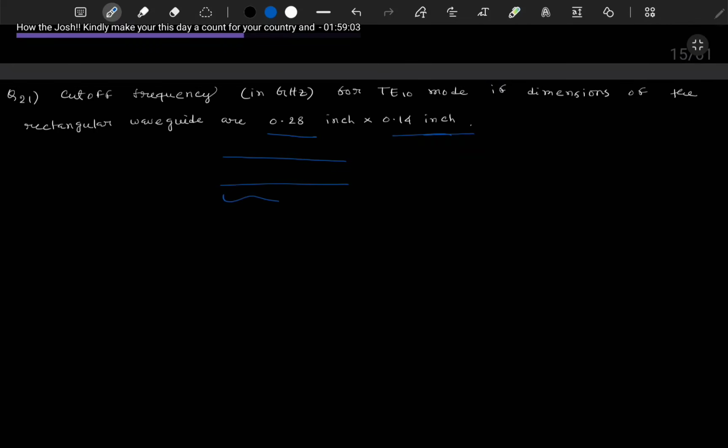So this is the length 0.28, this is the width 0.14 inch, and 1 inch equal to 2.54 into 10 to the power minus 2 m.